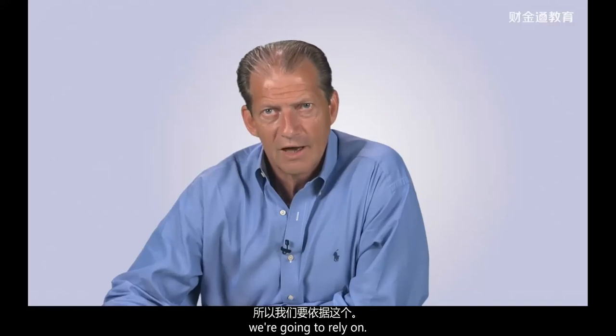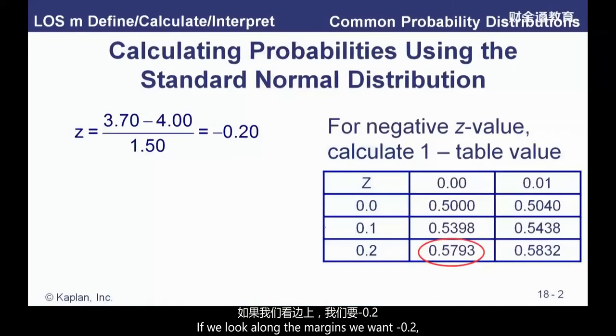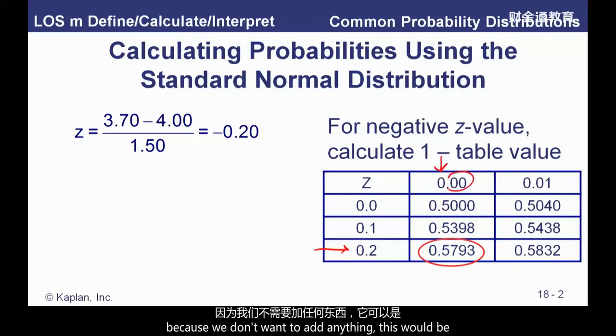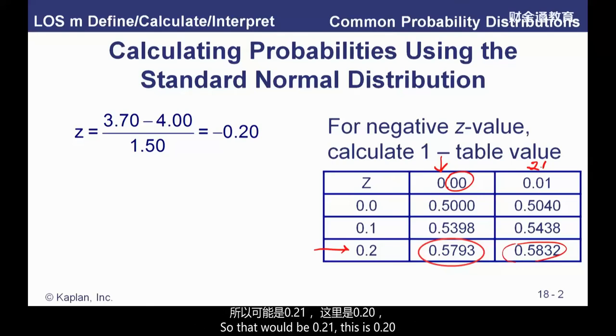That's what we're going to rely on. So if we look along the margins, we want minus 0.20, or in this case we're looking up positive 0.20. So we use the 0.2 here, and we use this column here because we don't want to add anything. This would be for 0.21 over here if we went to this one right here. This is 0.20 that we've identified here. And we get 57.93%.